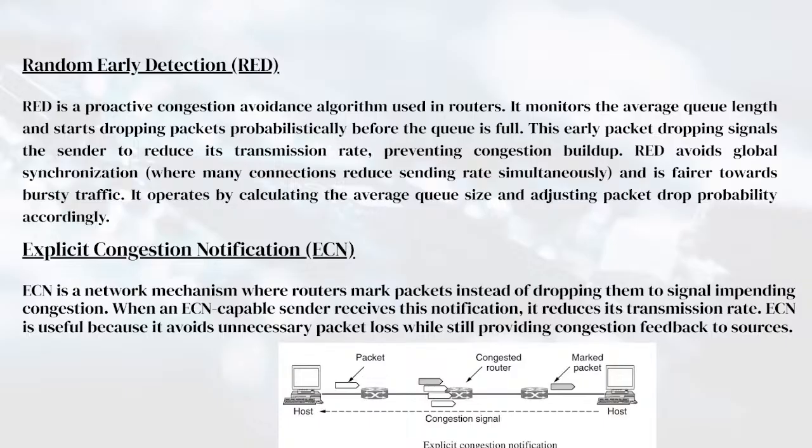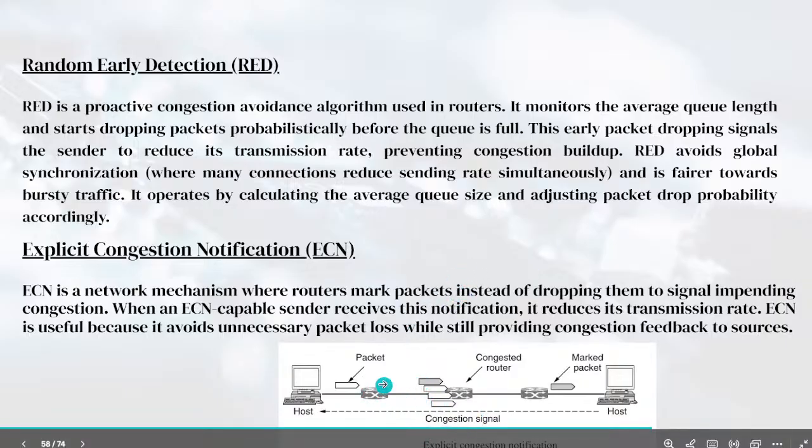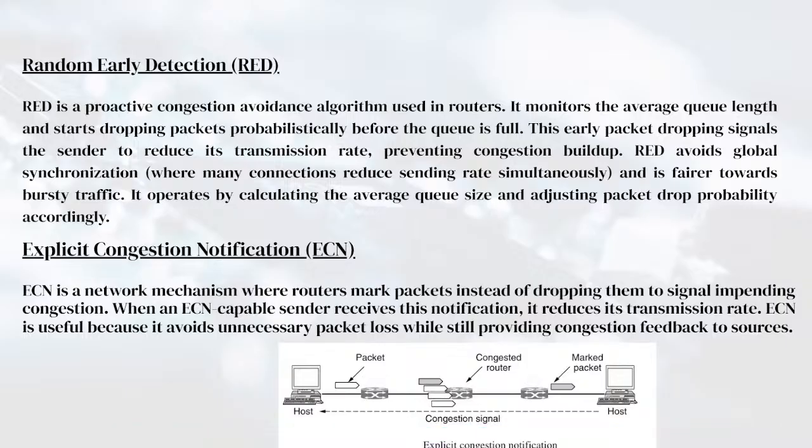Okay, so here we can say that in this image you can see the congestion signal. Here the packets which we are sending, one by one we are sending. Here the router receives multiple packets. So the congestion happened in this router. So what happened, it will mark the congested packet, and accordingly it will transmit the information.